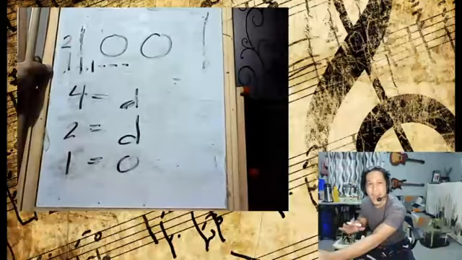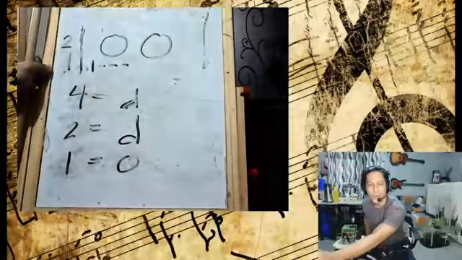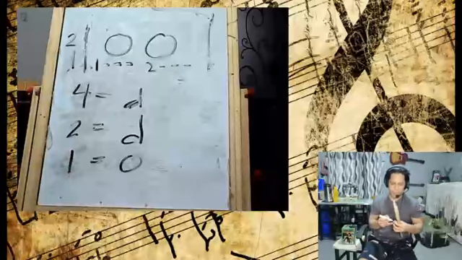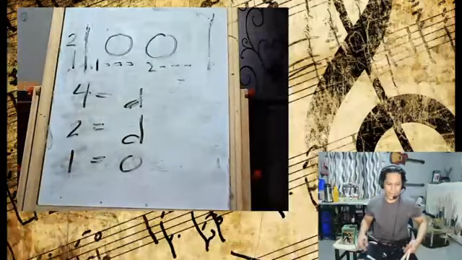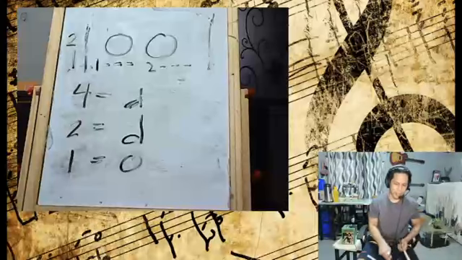Ganun siya kahaba. Mahaba ang tunog ng whole note compared to a quarter note. So, 1, 2, 1, 2. These lines right here are its sustain. How long they should be played. Kasi di ba mahaba ang whole note. Right? So you cannot play it on drums because on drums, napakabilis lang ng tunog niya.